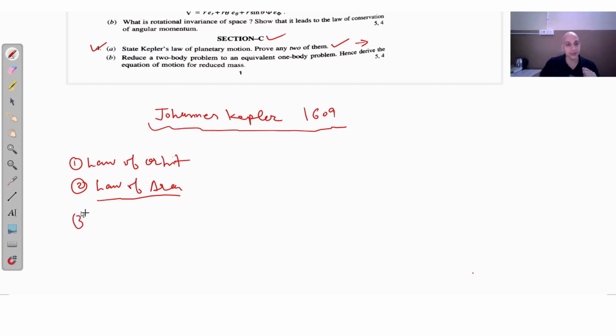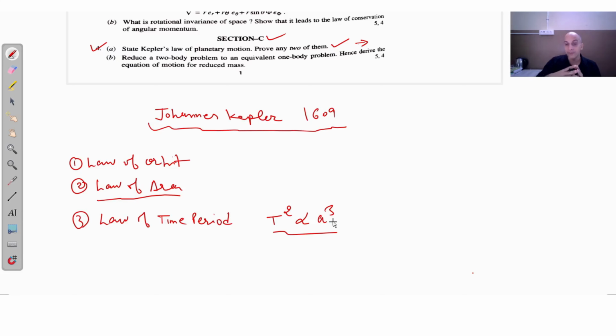The third law is known as the law of time period. So according to the third law, the square of the time taken by any planet to move around the sun is directly proportional to the cube of the semi-major axis of the elliptical orbit of the planet, right?